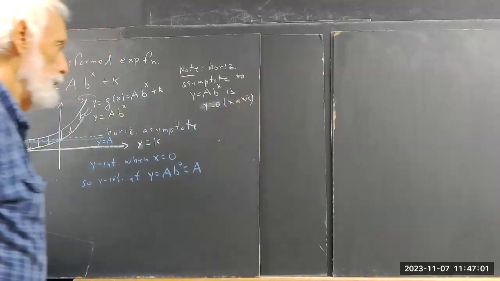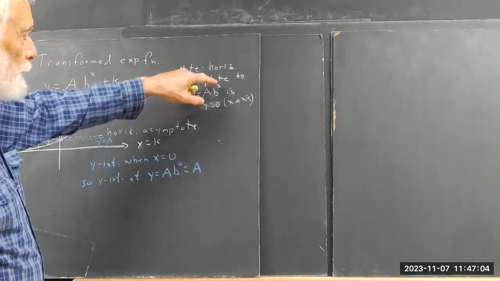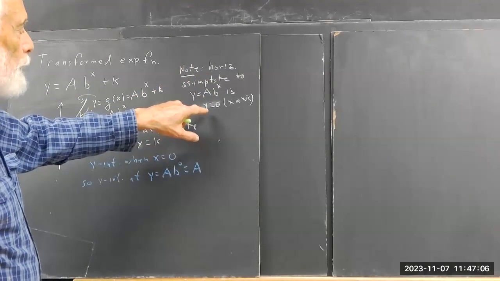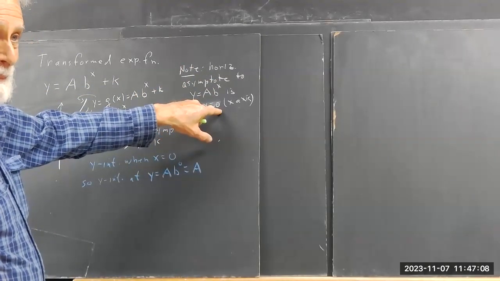What I've just written here is that the horizontal asymptote to y equals a b to the x is y equals 0.